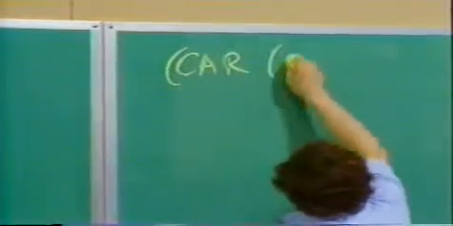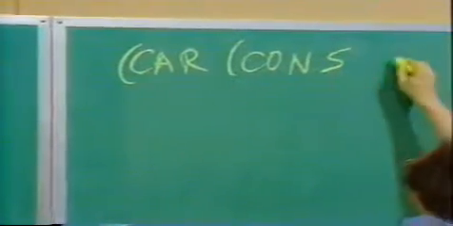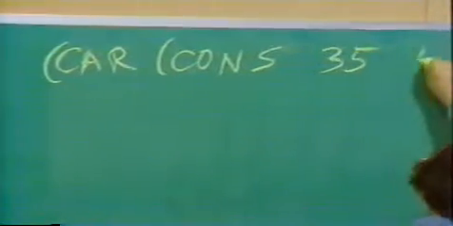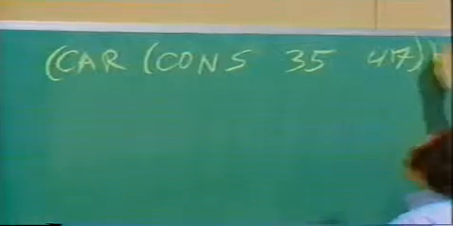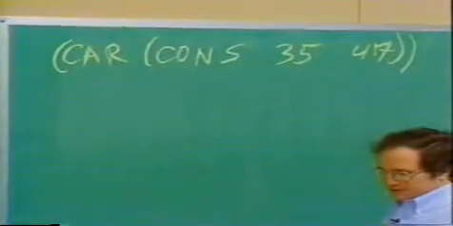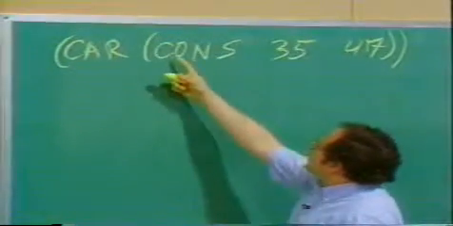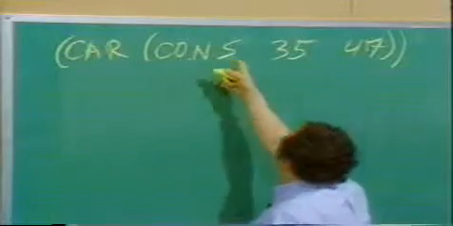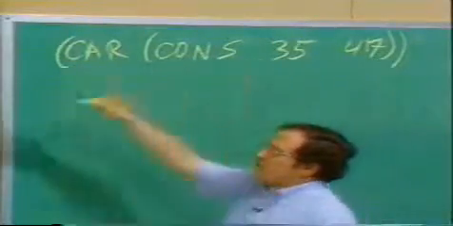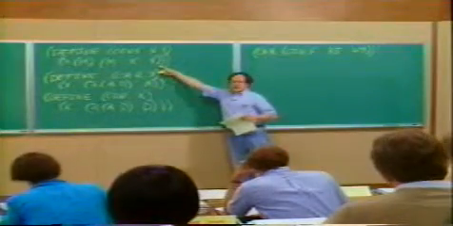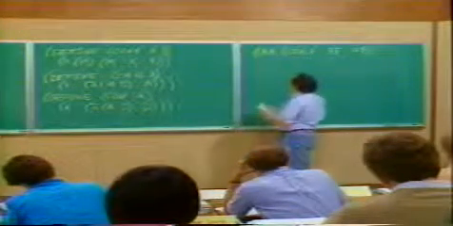Consider the problem car of cons of, say, 35 and 47. Okay. Well, what is that? It's the result of taking car of the result of substituting 35 and 47 for x and y in the body of this. Well, that's easy enough.